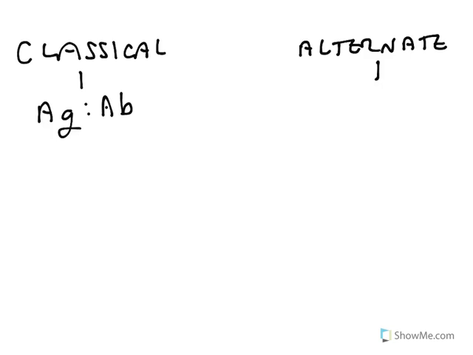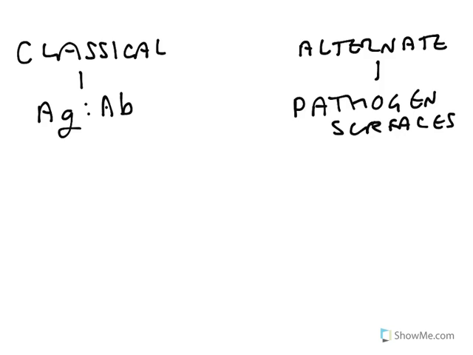The alternative pathway of the complement system is typically activated by pathogens themselves. Specifically, it is activated by pathogen surfaces. So these would be bacterial cell walls or fungal cell walls, for example.